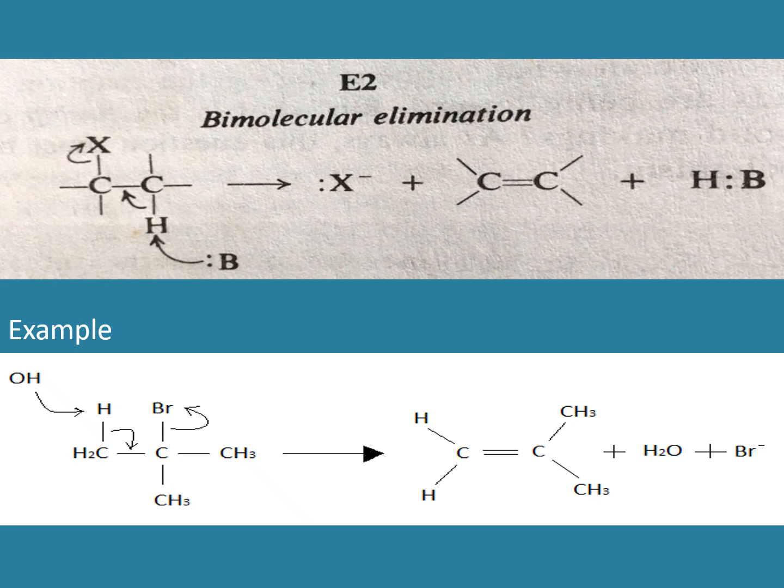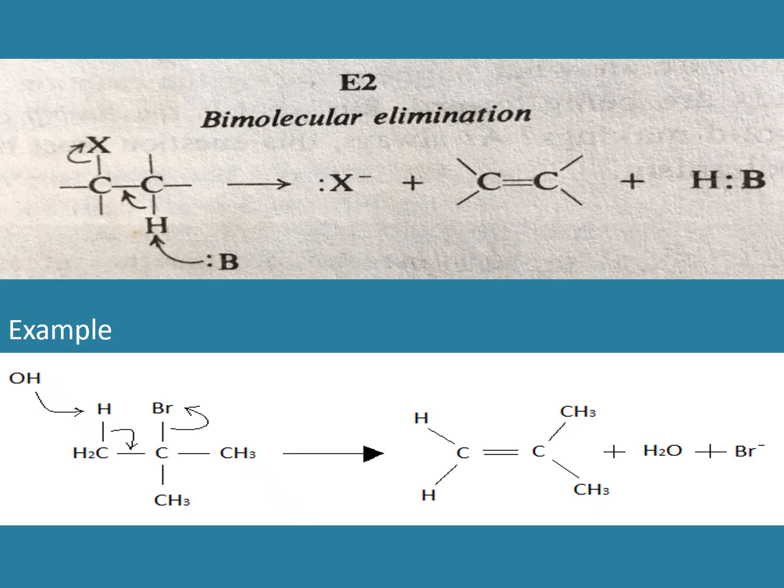The electrons will move to form the C-C bond, and at the same time the halogen atom will be expelled from the alpha carbon atom, taking those two electrons with it. A double bond is formed between the alpha and beta carbon atoms, and an alkene is formed. And here one example is also given.